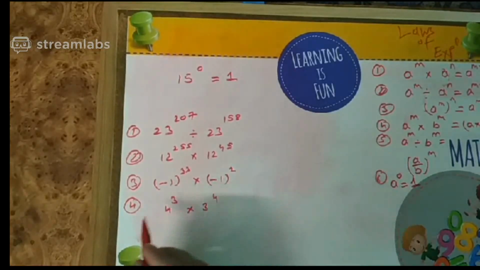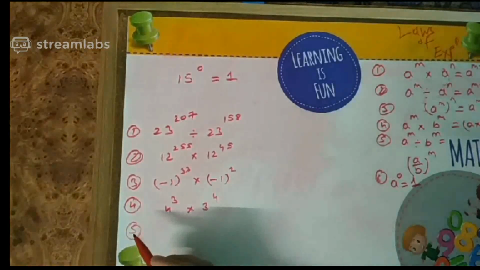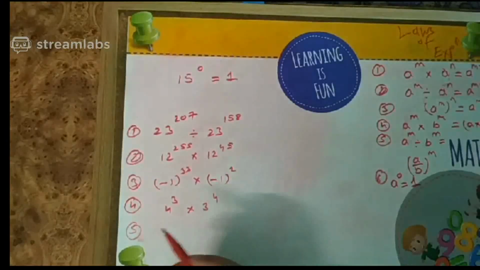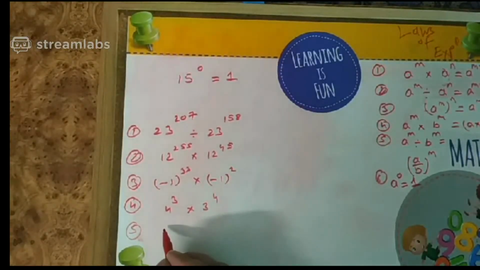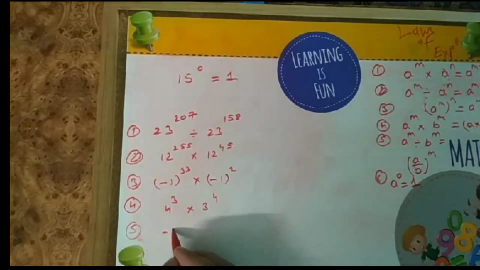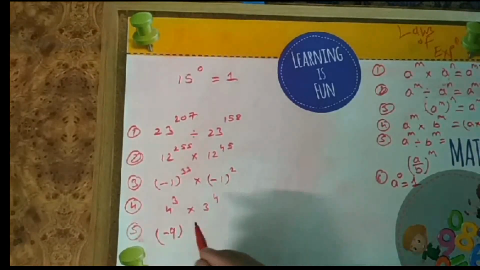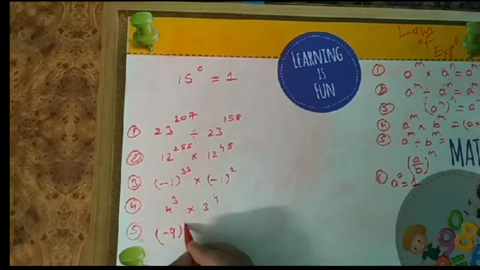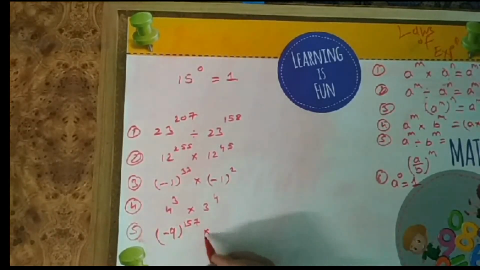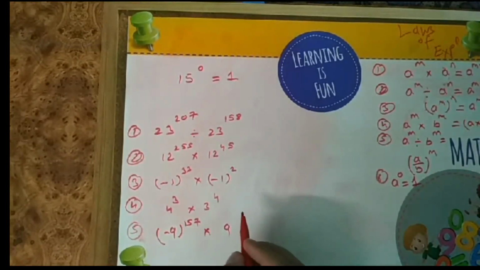The last question: minus 9 power 157 multiplied by 9 power 23.